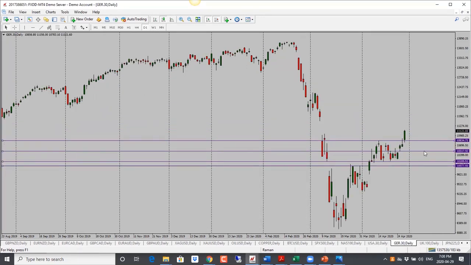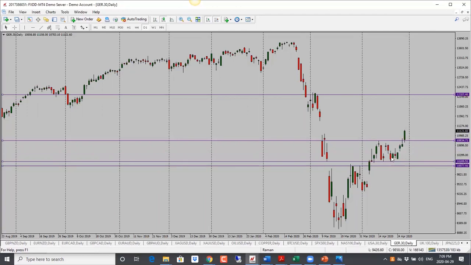DAX here as well finally broke through the resistance here. And as we can see, all the stock markets, or all the indices that we track, are looking bullish at this moment. A lot of risk positive sentiment going on in the market. It was stuck in this range for quite some time. It's managed to break through that.